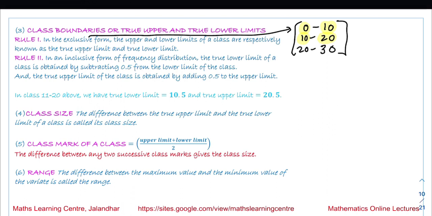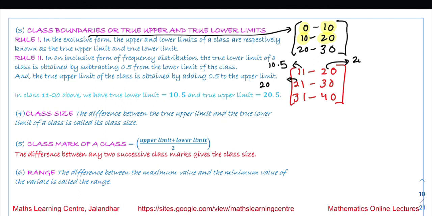But when we are talking about the inclusive form, suppose the intervals are 11 to 20, then 21 to 30, then 31 to 40. Then the true lower limit will be 10.5 and the true upper limit is 20.5.